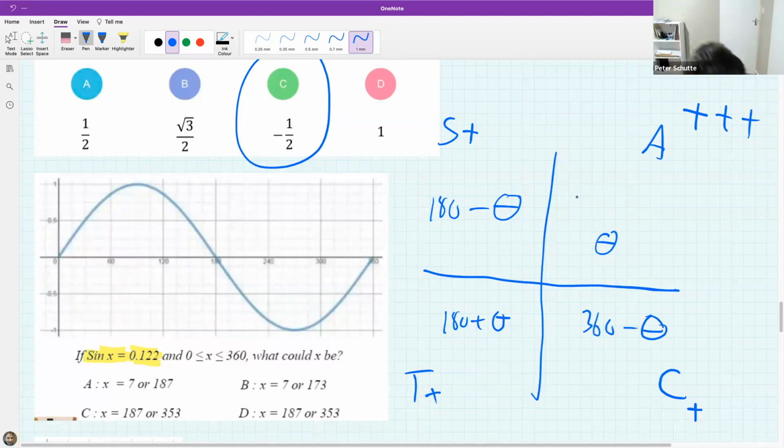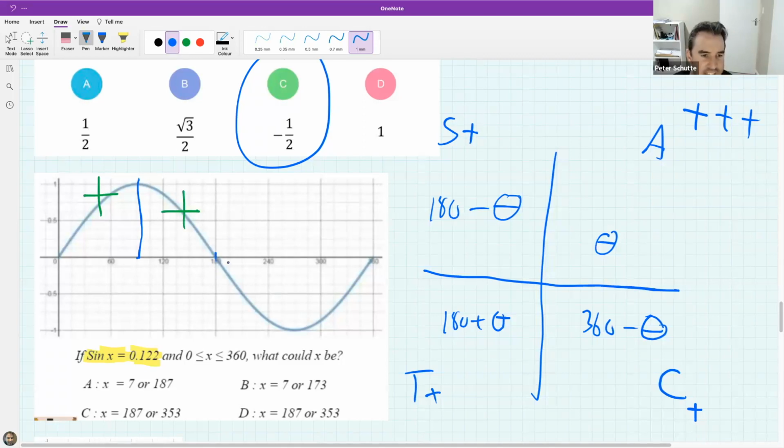So this graph is actually linked to this CAST diagram here. Now, what you'll notice is this is a sine graph. The sine graph is positive here, and it's also positive up to here.